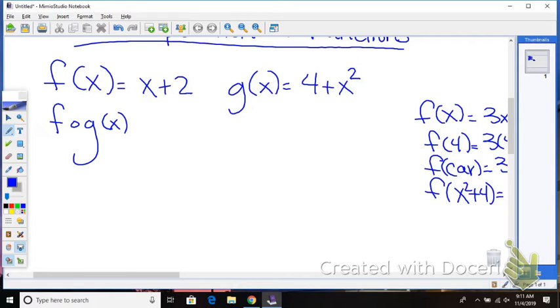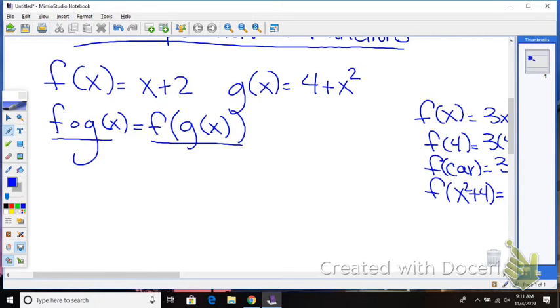The way I want you to rewrite it: every time you say "of," you're writing parentheses. F of g of x, close parentheses. So this right here means this. To me, this is easier to look at because this looks like your input, like we did over there on the side.